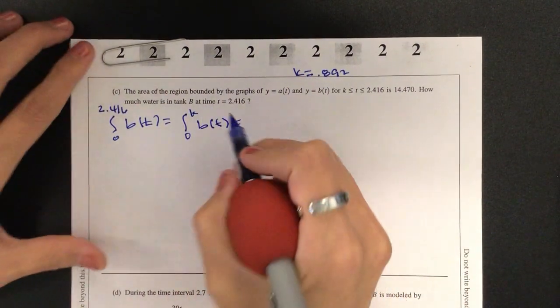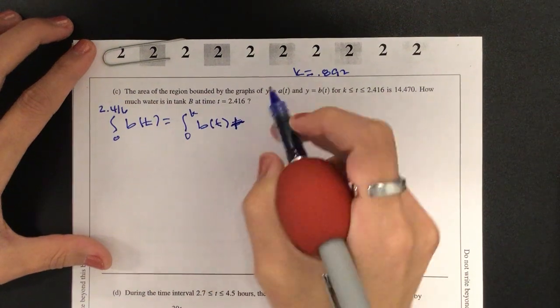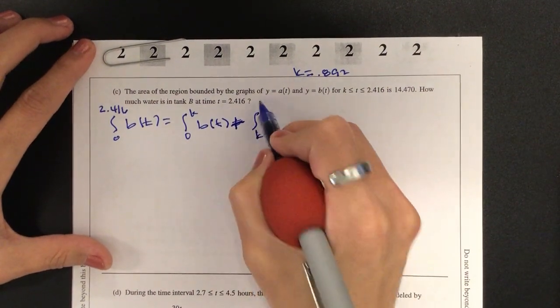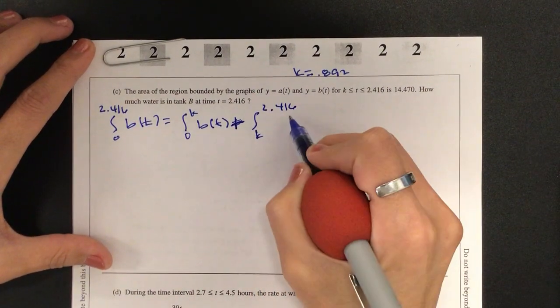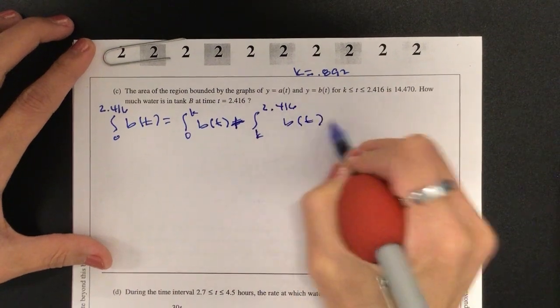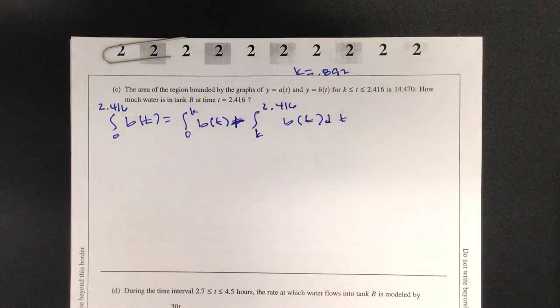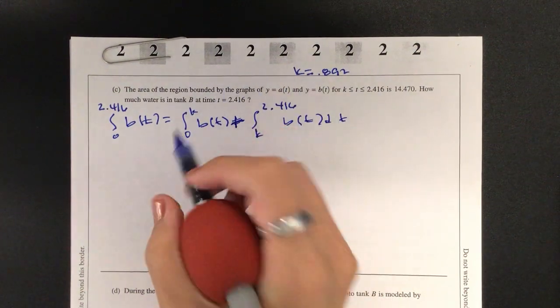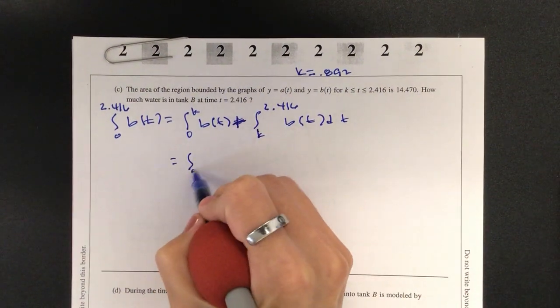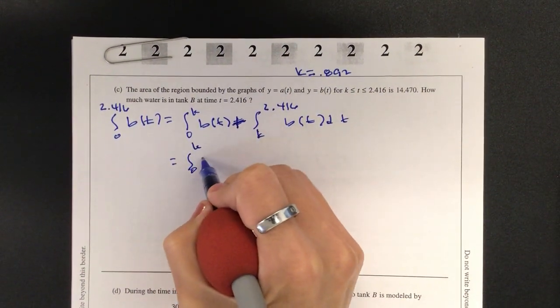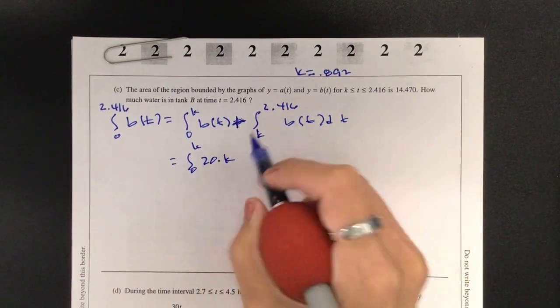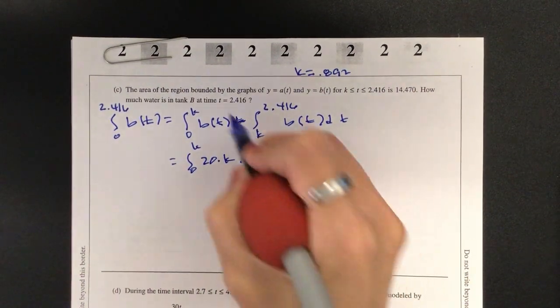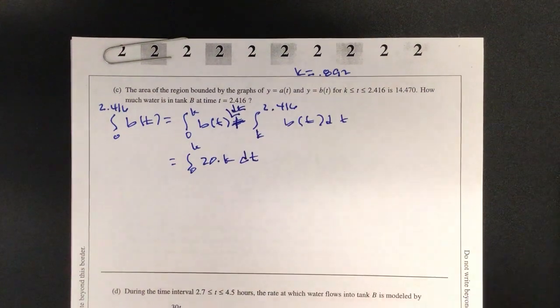That's a plus sign. And then I need the integral from k to 2.416, and we need a lot more information on that. We do know B of t is going to be the integral from 0 to k of that part, dt. Did y'all realize I forgot dt right there?